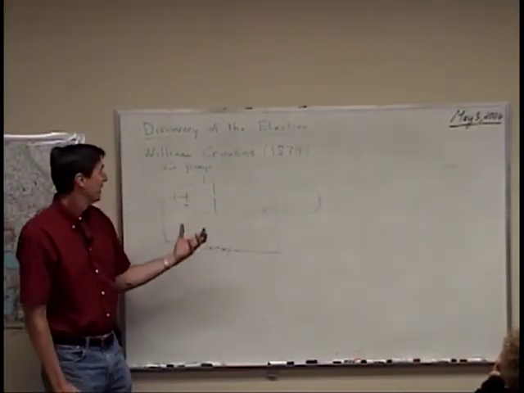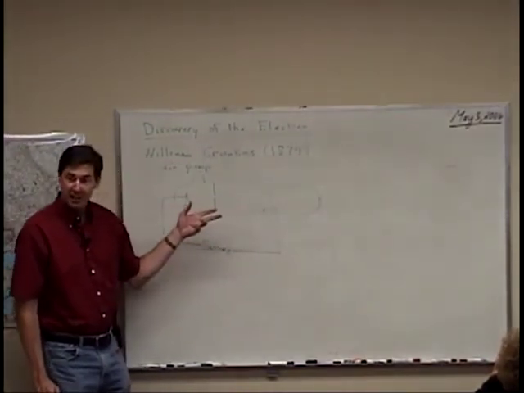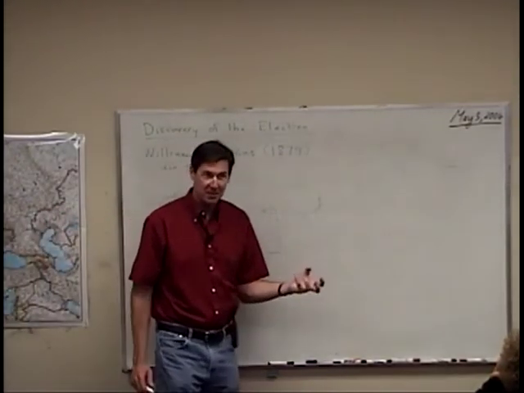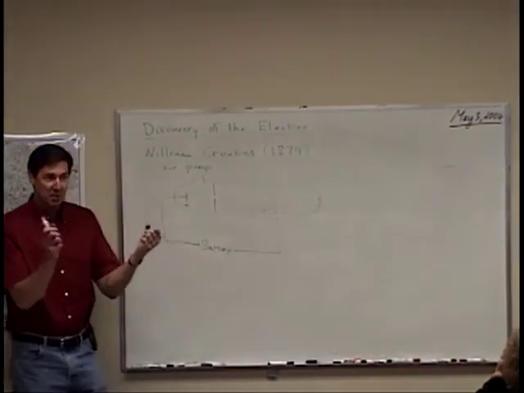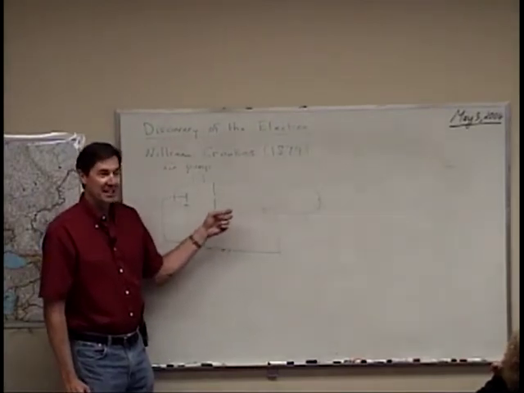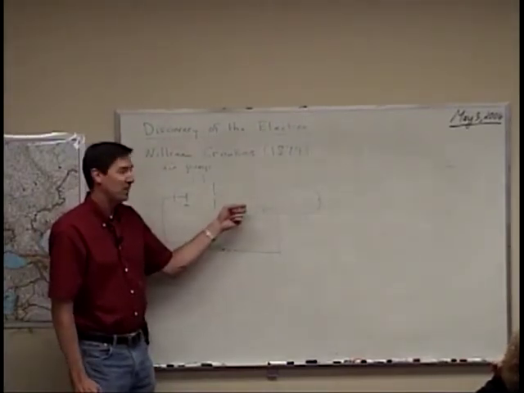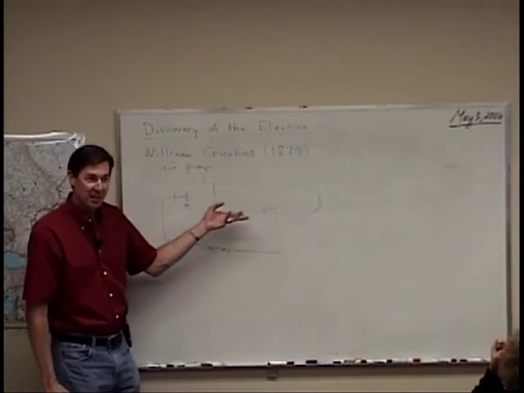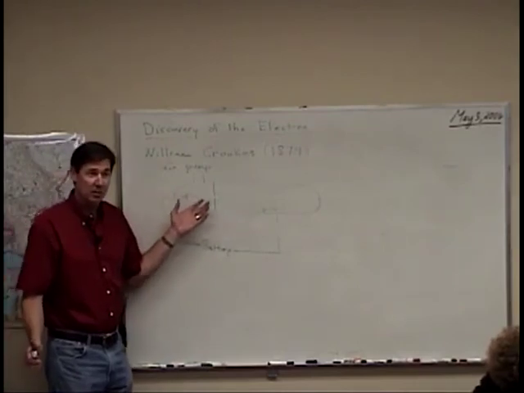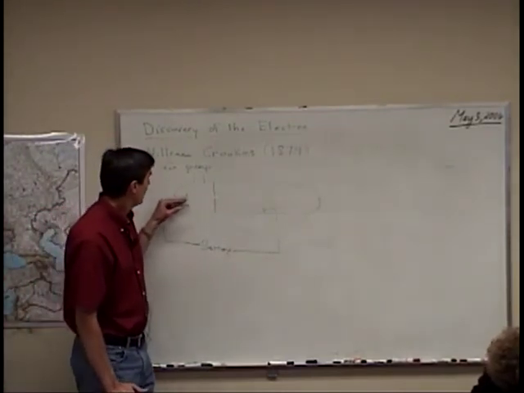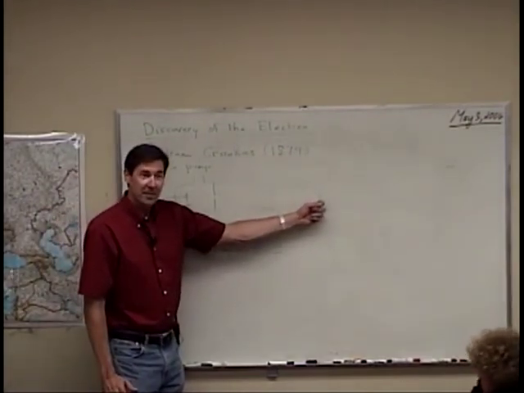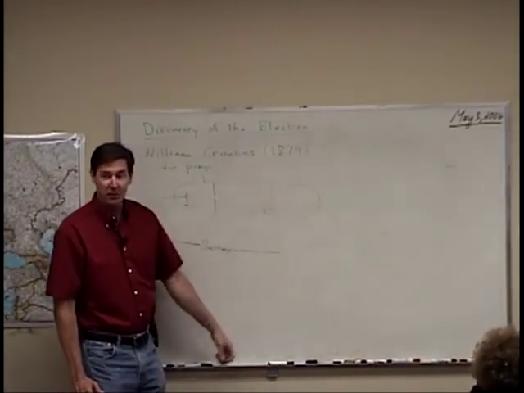Now, when you have some air in there, whatever's coming off this plate is hitting those air molecules and causing them to emit some light. So that's why you see the gas glowing when you have air in. But when you take almost all the air out, obviously the glow is going to go away. But obviously whatever was coming off this plate is now hitting the end of the tube.